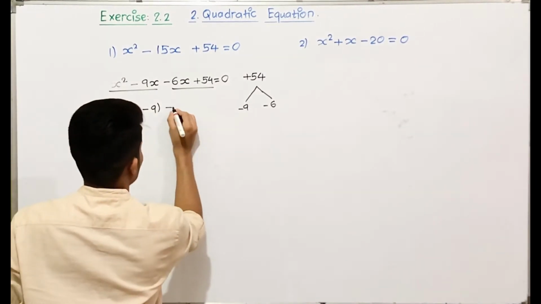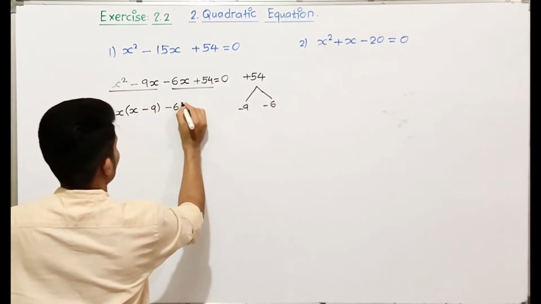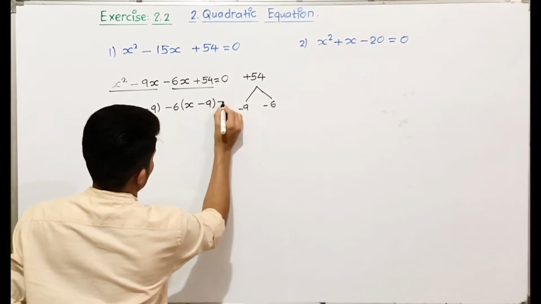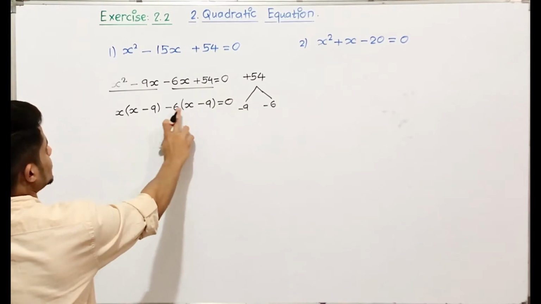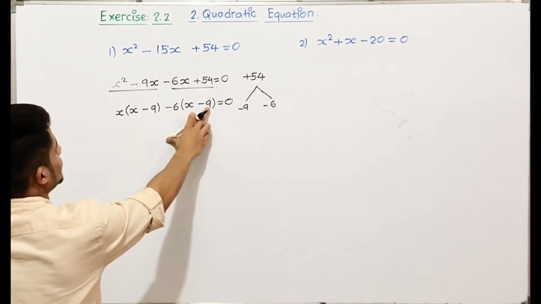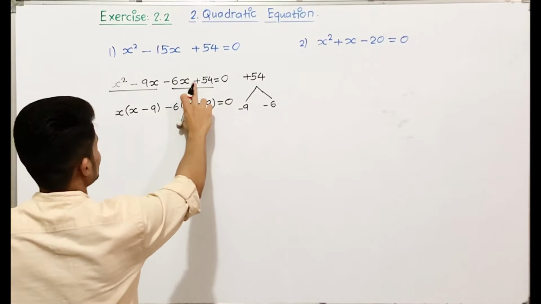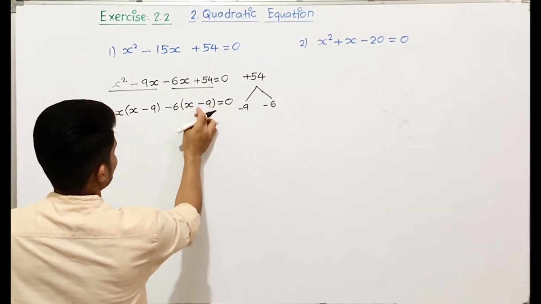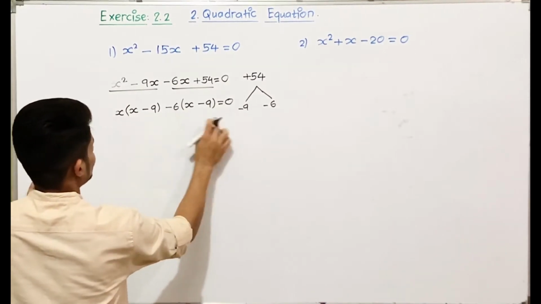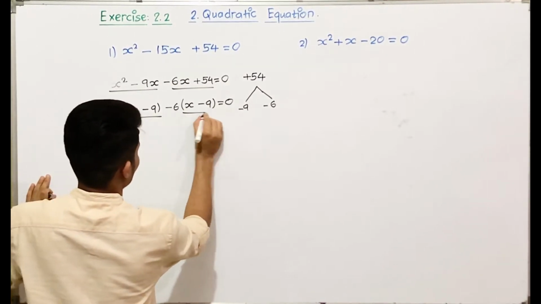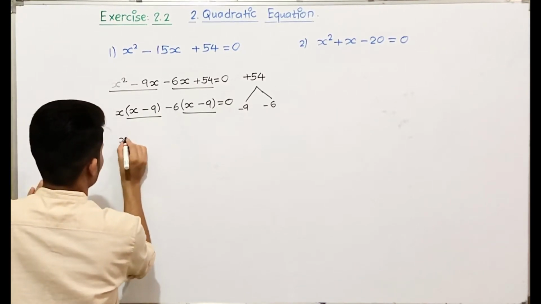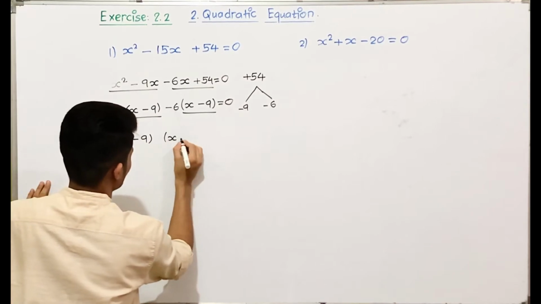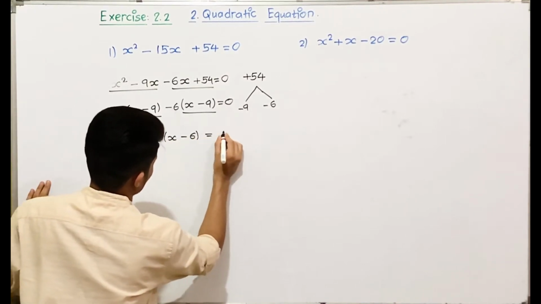From these terms minus 6 is common and the remaining is x minus 9 is equal to 0. Why minus? Because minus 6 into minus 9 is minus minus plus 54. Always check the signs. Now from this we can take x minus 9 common, and the remaining is x minus 6 is equal to 0.